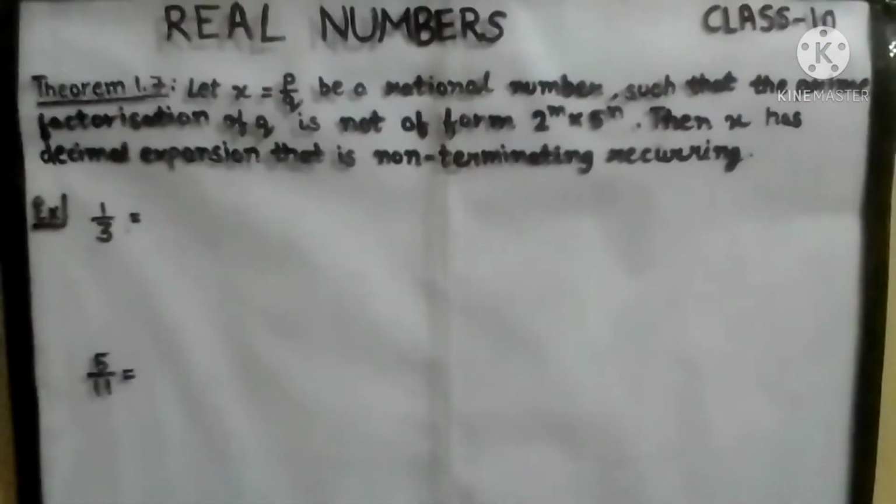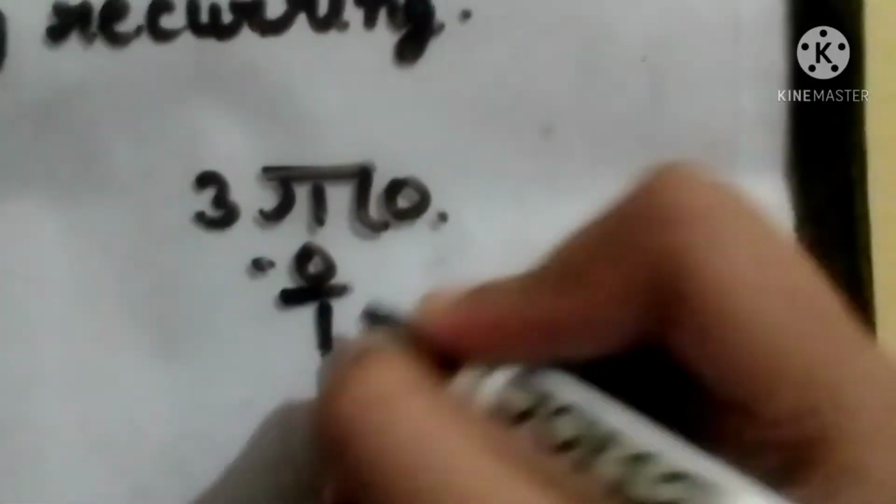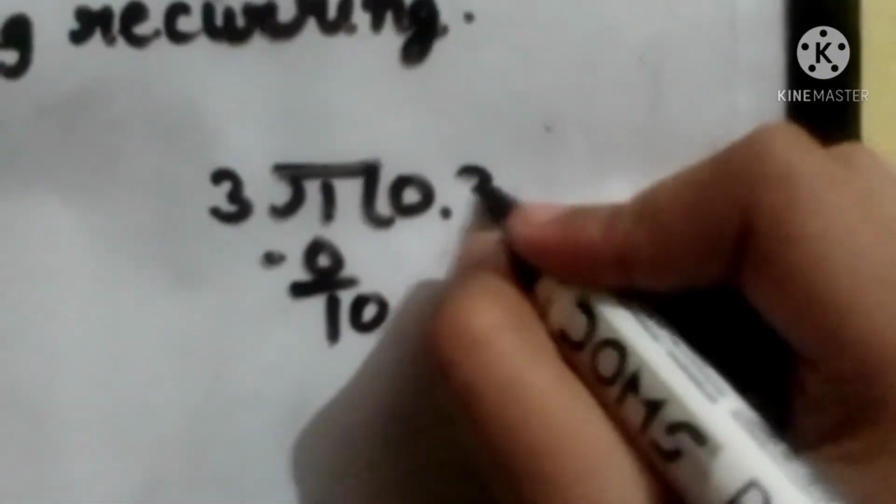Let's understand this by an example. Let's find the decimal expansion of 1 by 3. So we will divide 1 by 3. 3 zeros are 0, 1. 3 threes are 9, 1, 0.